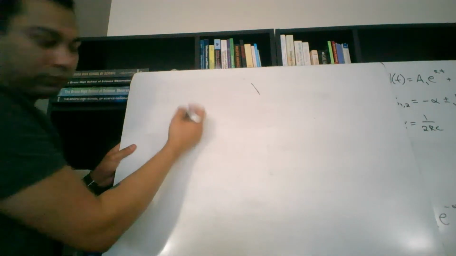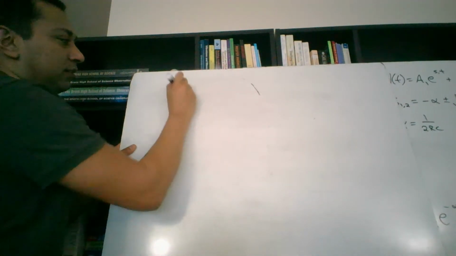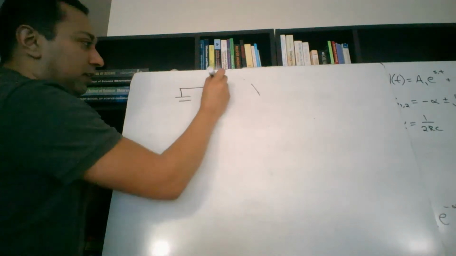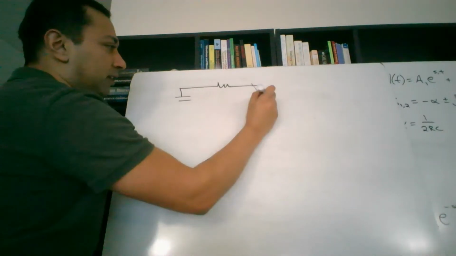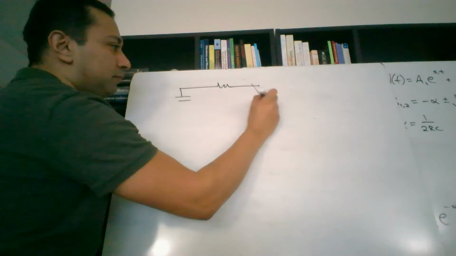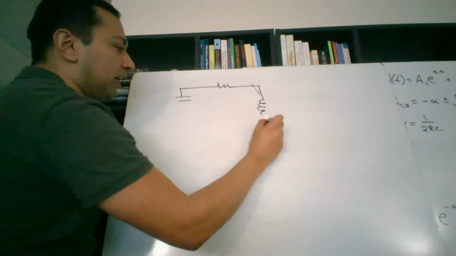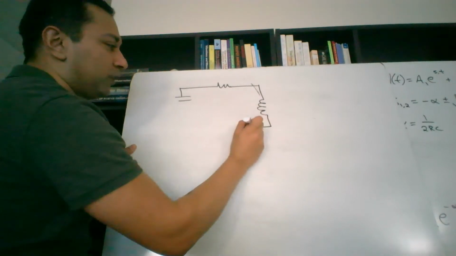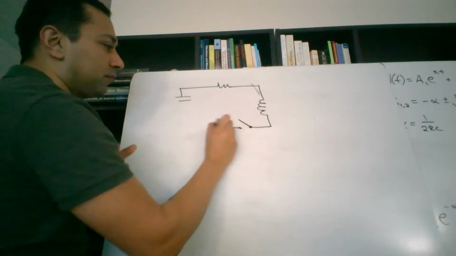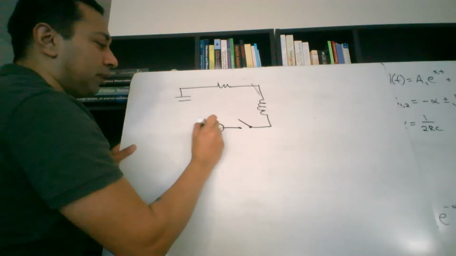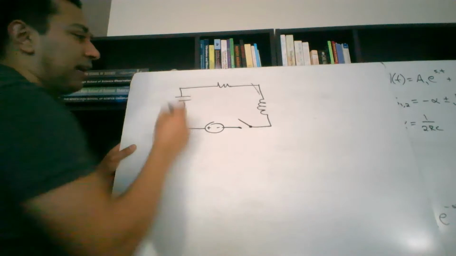So the other situation would be you have your capacitor, you've got your resistor, you've got your inductor, you've got your switch, and then you've got your power supply plus minus some battery here.